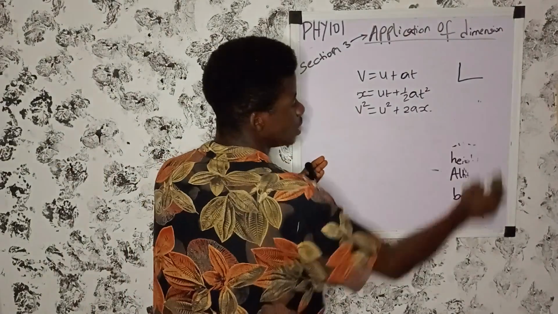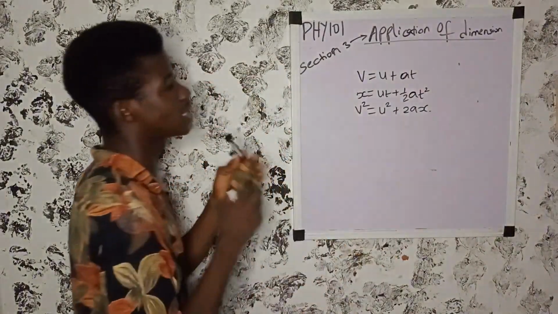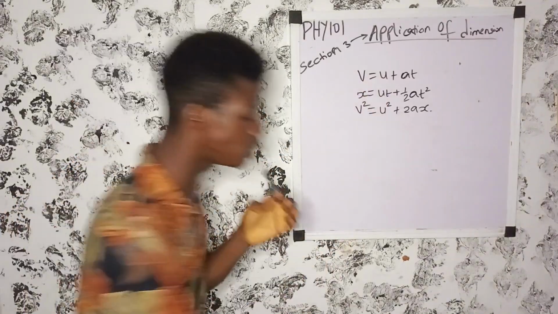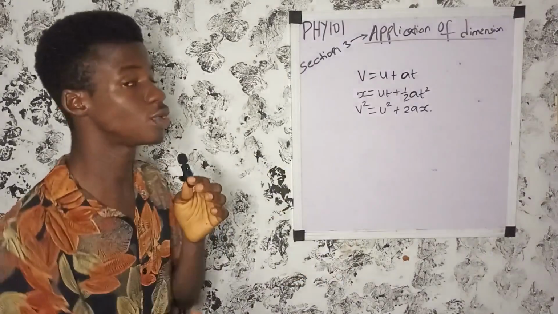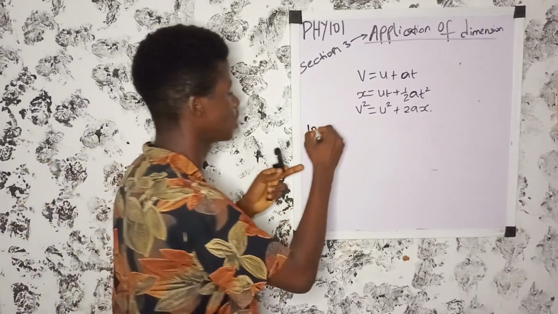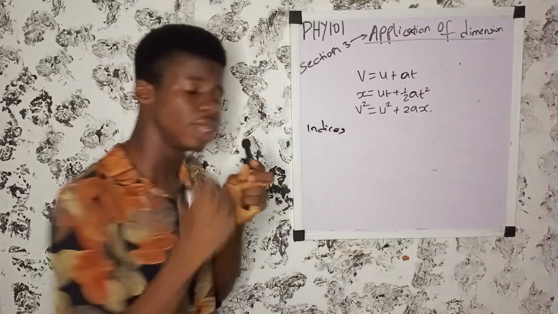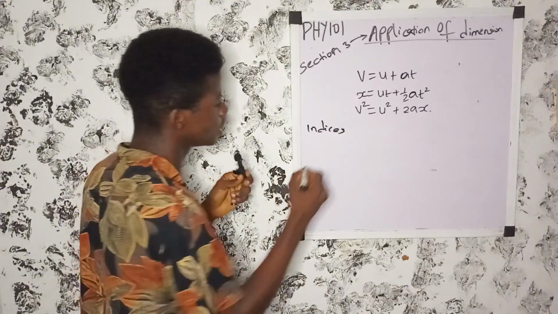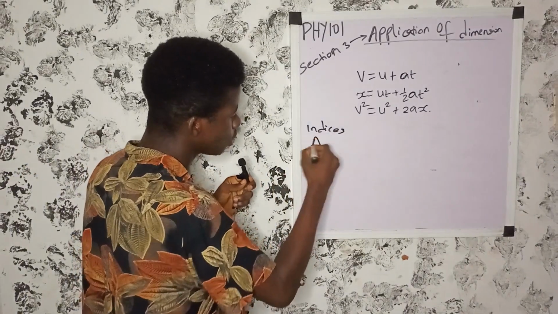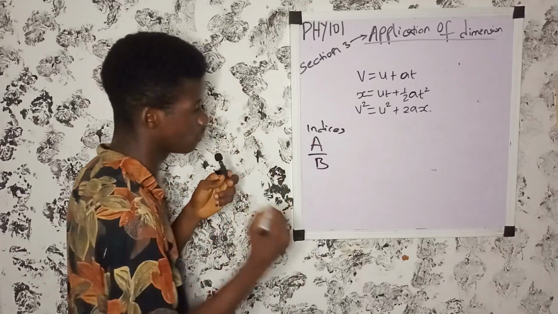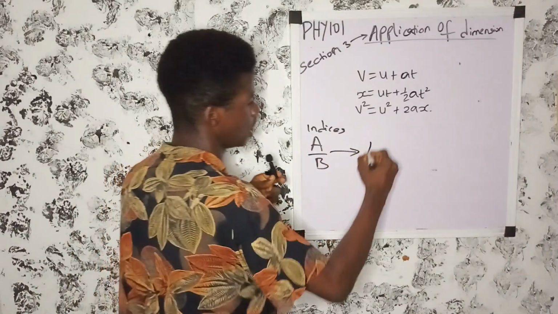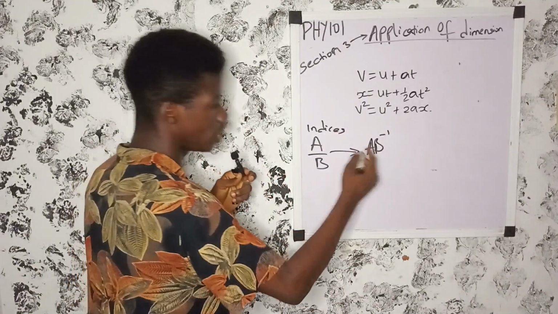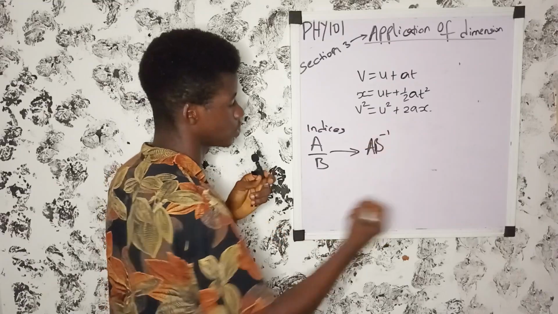Before I start comparing the two parts of the equation, let me teach you a little thing. Let's go back to indices. According to a particular law in indices, a over b is the same thing as a times b raised to power minus 1.